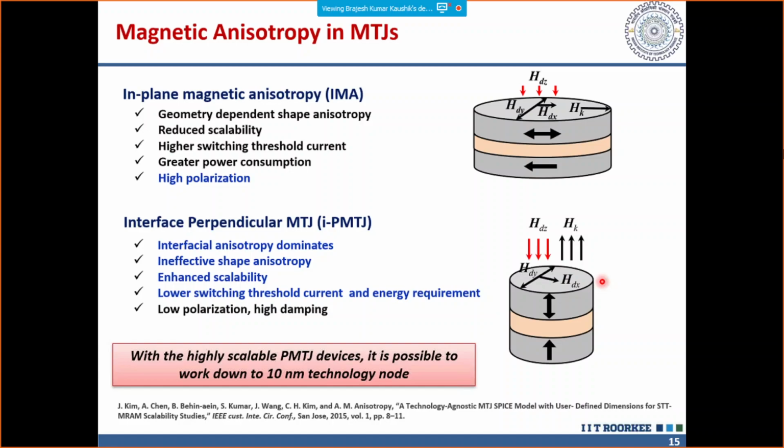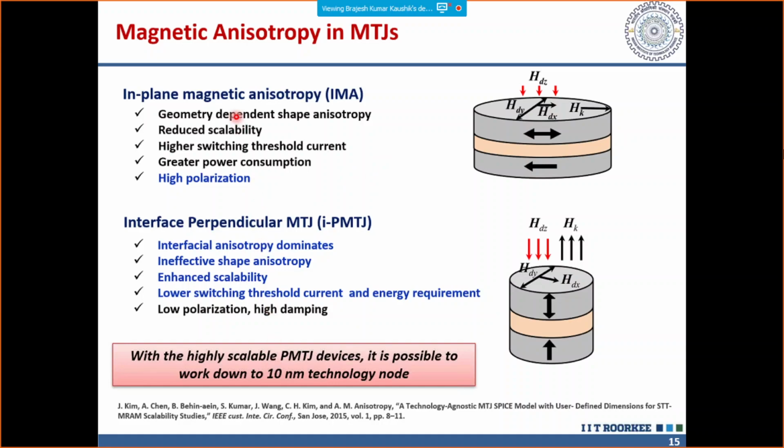They have been put together here to make you understand, and you can see that this one has an orientation which is parallel to that of your MTJs here, and this is perpendicular to the tunnel barrier axis, for this case perpendicular MTJs. So you have two types, IMA and IP MTJs. Both of them have been shown here, and they do have their own advantages and disadvantages.